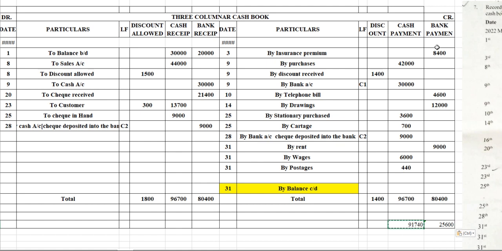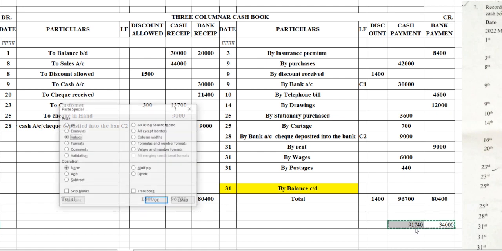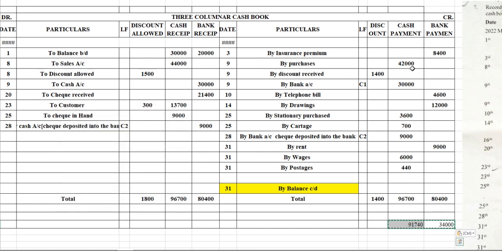The total of this column is equal to the sum, that is 34,000. So this is the total of this.